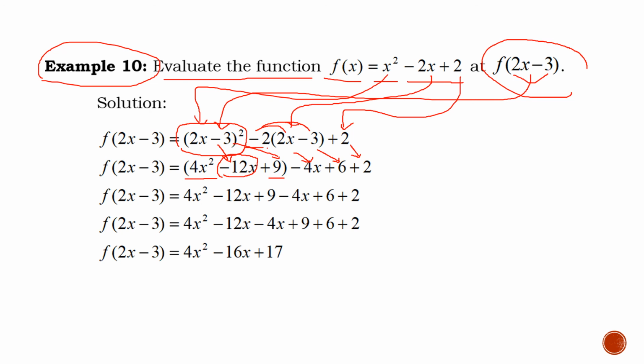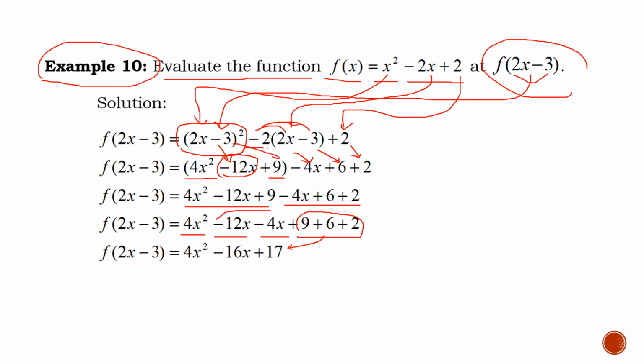Upon simplifying, we copy the first three terms, then we copy the second three terms, which is negative 4x plus 6 plus 2. Now, we just simply rearrange your terms by variable and exponent. So, our leading term now is 4x squared minus 12x minus 4x plus 9 plus 6 plus 2. This will be your constant for this one. So, we just simply add this one. That will be equal to 17.